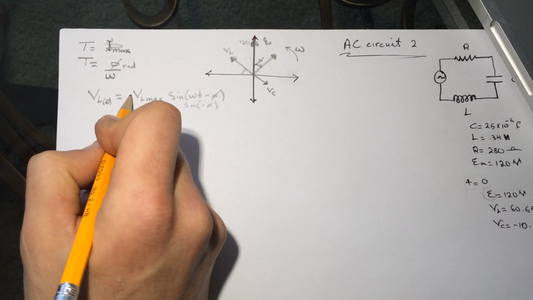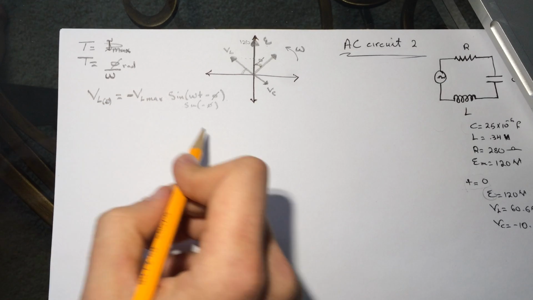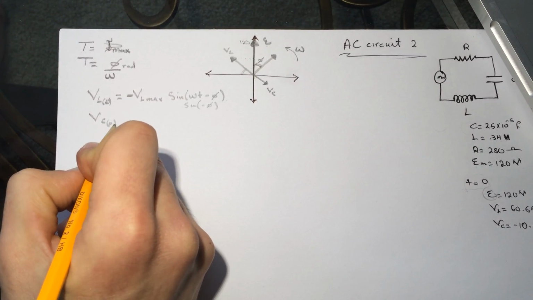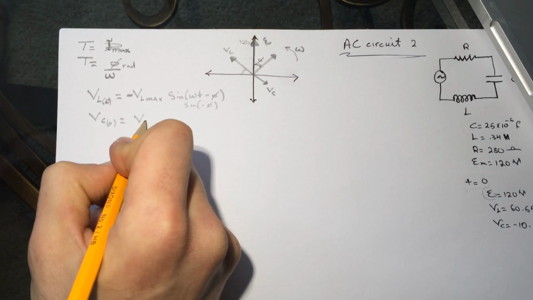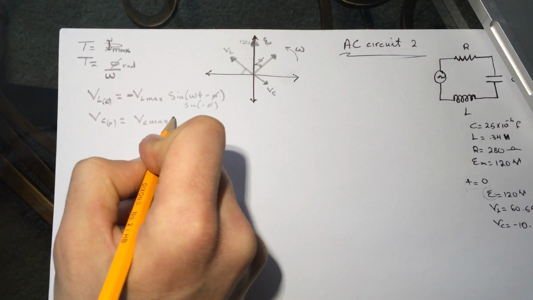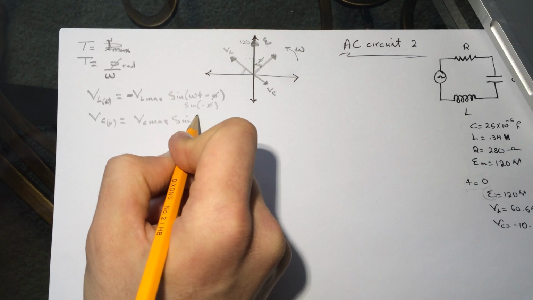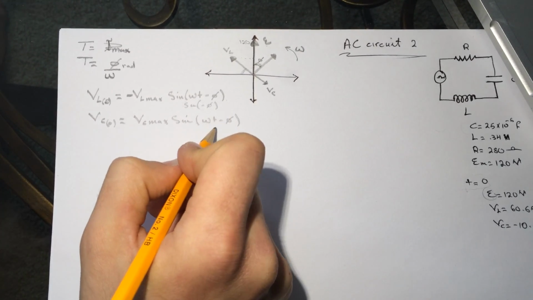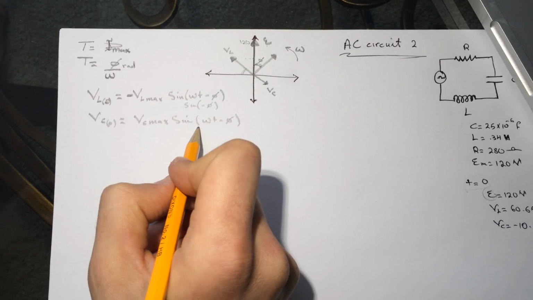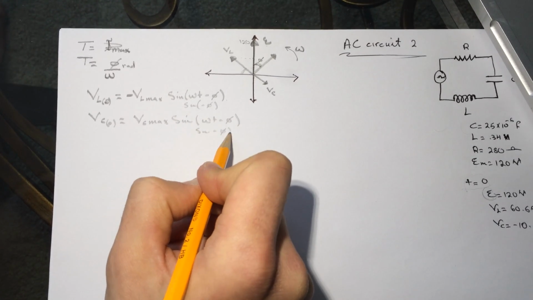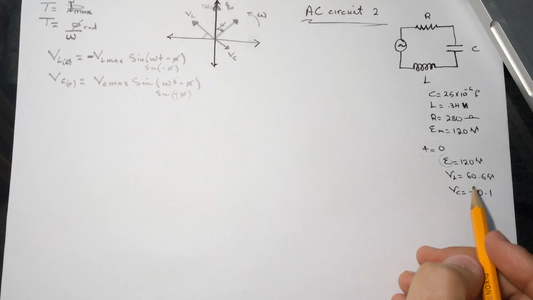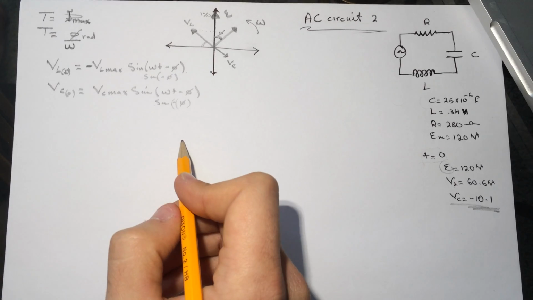Okay, so we need to put a negative here. Okay, so the VC at time equals 0 will be VC max sine omega t minus phi. This will leave it the same because sine of a negative value will be negative, and we have the VC negative here.